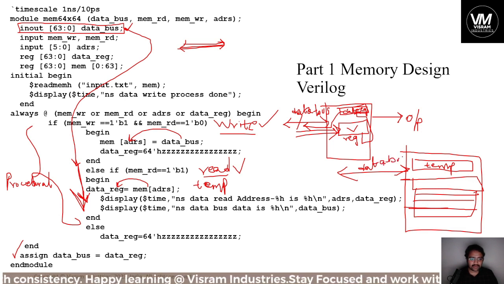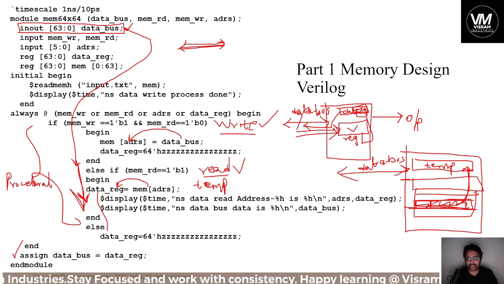Understand how the read process is happening. Read happens from the address location, from this memory location. All the information is sent to the temporary register, like this data register, and from that data register you are putting it onto the data bus.